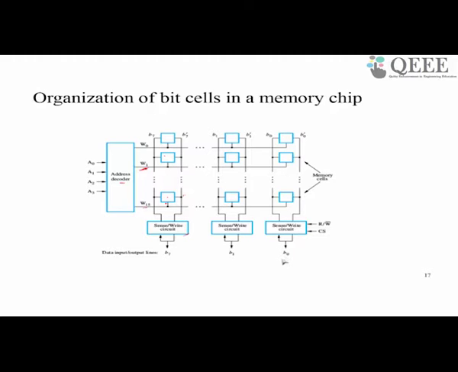For example, on selecting one of these words, let us say word 15, we can write into it or read from it, by placing the group of bits B0 to B7, and based on the operation R bar W bar, the read or write operation will go on. Of course, we can make use of a chip select to select this entire SRAM.